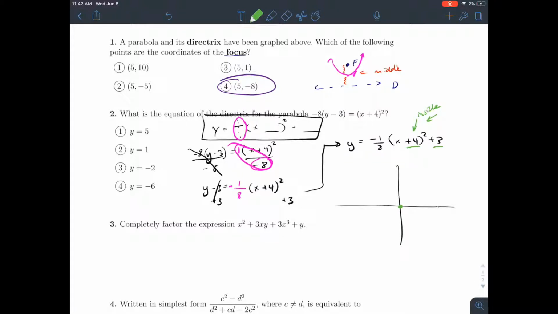You would think +4 would be to the right, but opposite what we expect, left 4. So we go left 1, 2, 3, 4, which is -4. Outside transformation will shift us up 3. So we go up 1, 2, 3. Our parabola is going to be downward facing because our a value is negative.